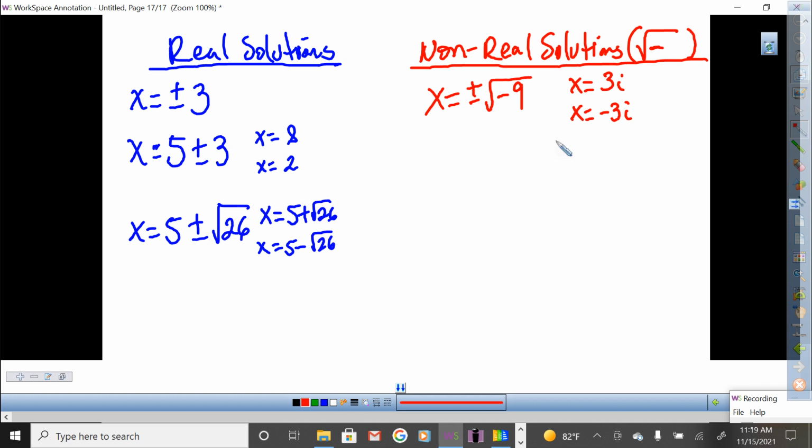So how do we know that they're not real, Mr. Q? Well, when there's a square root with a negative number inside. Let's do another one. X equals 5 plus minus square root of negative 16. Tell your neighbor your two non-real solutions for that one.